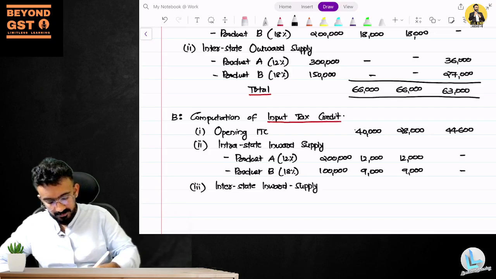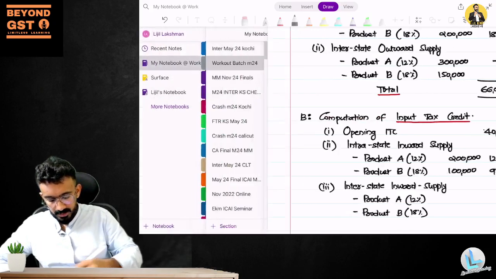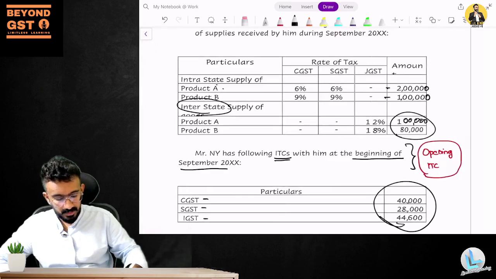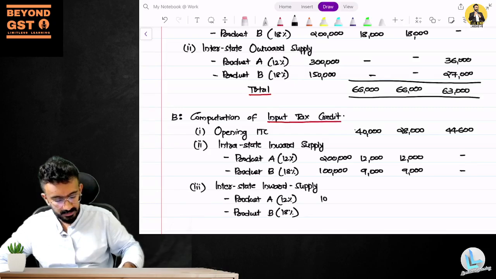There also I have product A and product B. Product A is 1 lakh and product B is 80,000.